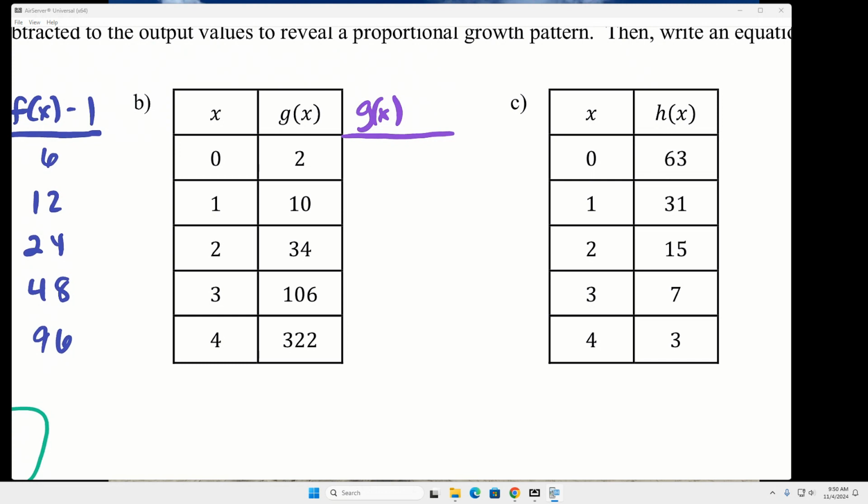All right, so what did you guys add? 2, good.